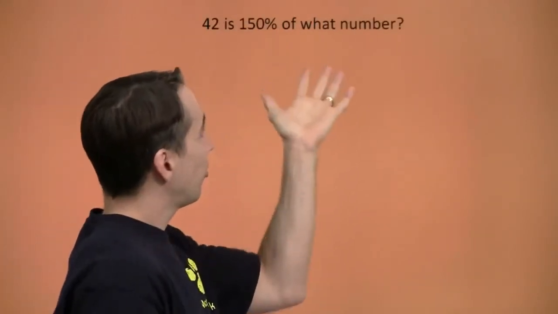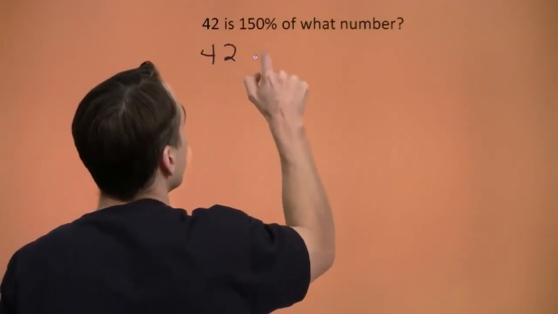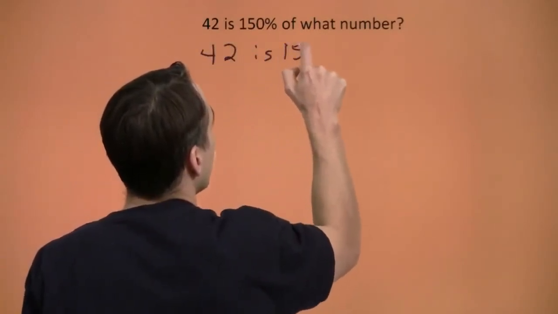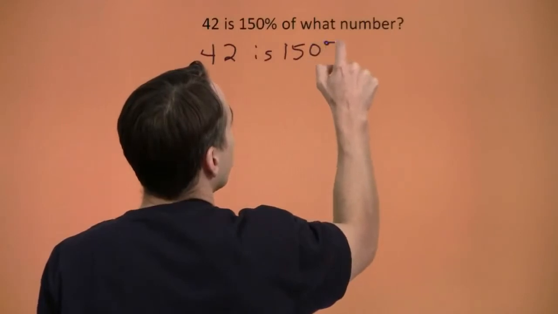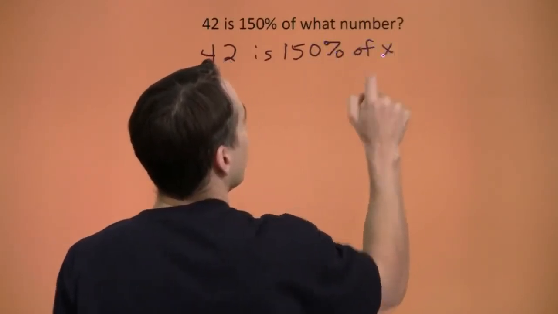Once again, we can start off by turning this into an equation first by throwing in a variable. 42 is 150% of x.